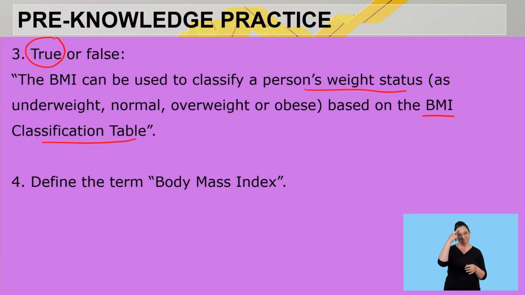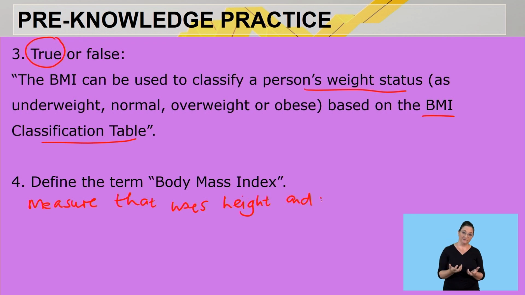Then, one last question here. It says define the term body mass index. Now, remember the body mass index. We can say that BMI is a measure. Remember, we referred to that word, right? That uses a person's height and the weight. Remember, we referred to this as the mass as well, right?